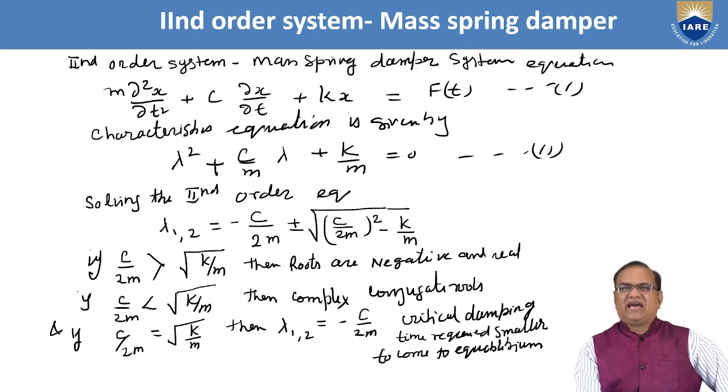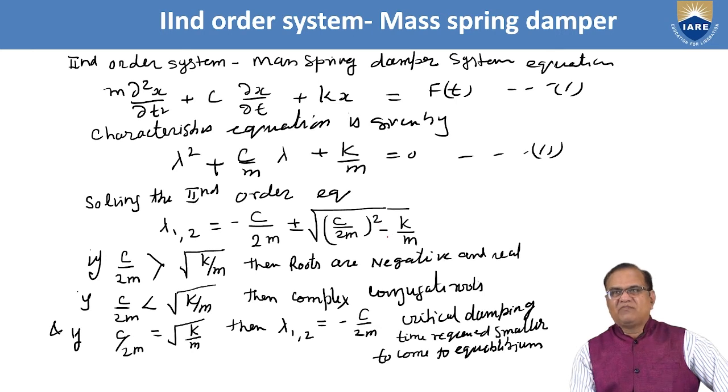So now the characteristic equation is given by lambda square plus c by m lambda plus k by m is equal to 0. Solving this second order equation, we will get lambda 1,2 is equal to minus c by 2m plus minus under root (c by 2m) square minus k by m.